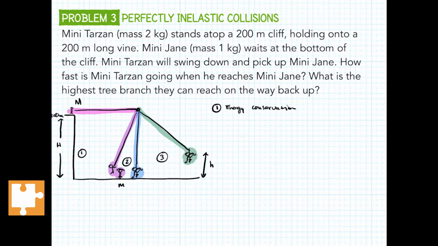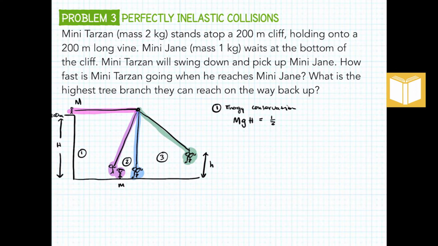So we'll start with mass of Tarzan, gH, is gonna be equal to 1/2 mass of Tarzan times velocity, let's say initial squared, and that's gonna be this velocity. So he has a velocity here, that would be v initial, and then there's gonna be a different velocity here, which we'll call v1 for the sake of it.